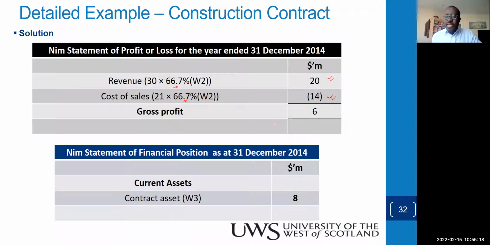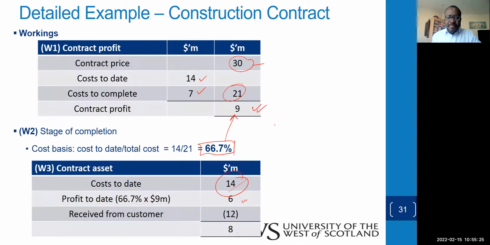So my gross profit becomes 6. Can you realize that the 6 jives with the profit to date? Because you are just recognizing a portion that you've completed up to date.